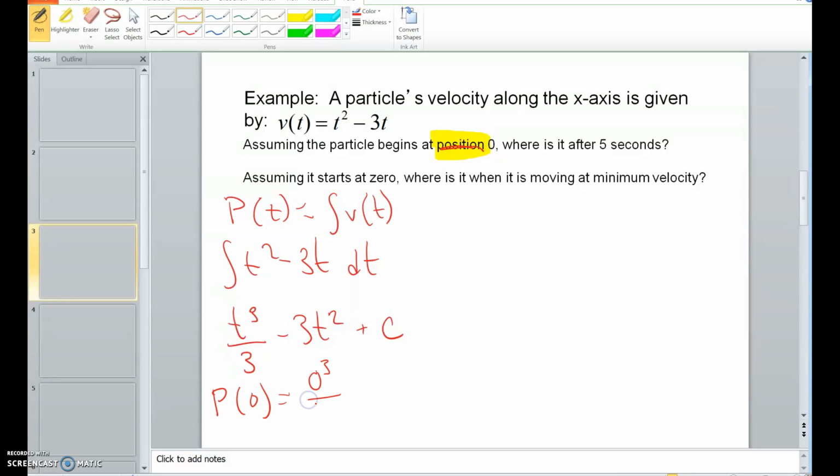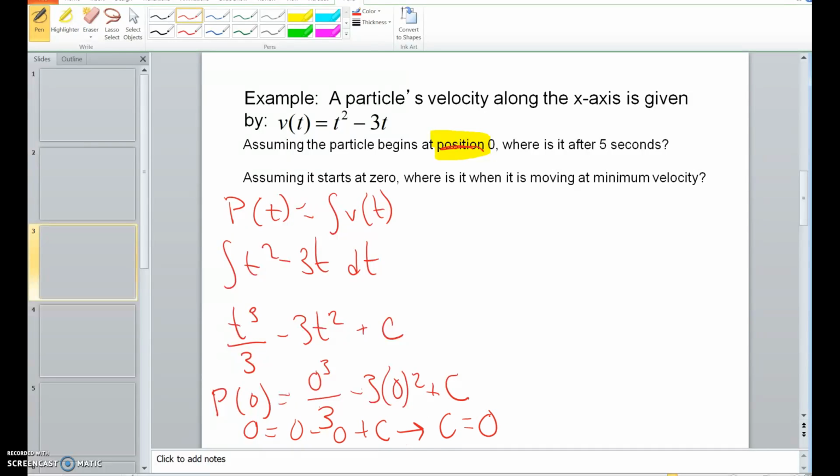So we're going to use that to solve for the value that c has to be. In order for this to come out to be 0, c also has to be equal to 0, because we get 0 minus 0 plus c, and that means that c is equal to 0.